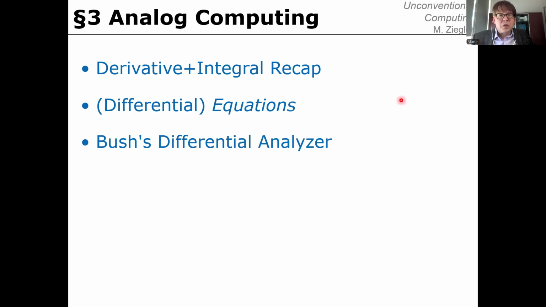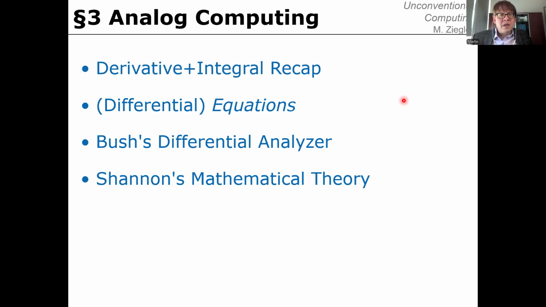Then I'm going to recall the mechanical differential analyzer invented and built by Vannevar Bush, and then proceed to Claude Shannon's mathematical theory of this differential analyzer.